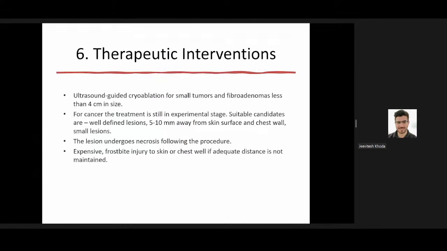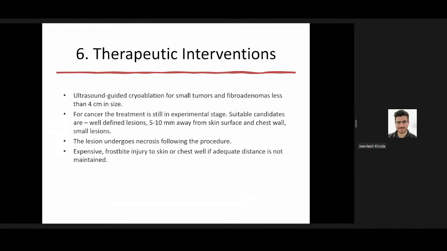Therapeutic interventions are, I would say, still at an experimental stage. Like ultrasound-guided cryoablation, there is some data on microwave ablation also, but cryoablation is going to be more promising. It is usually used for small tumors and fibroadenomas, less than 4 centimeters.